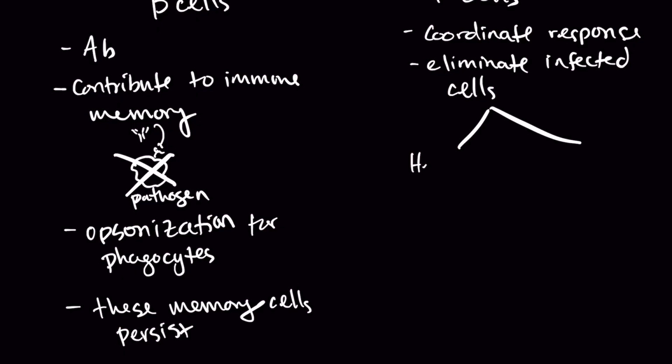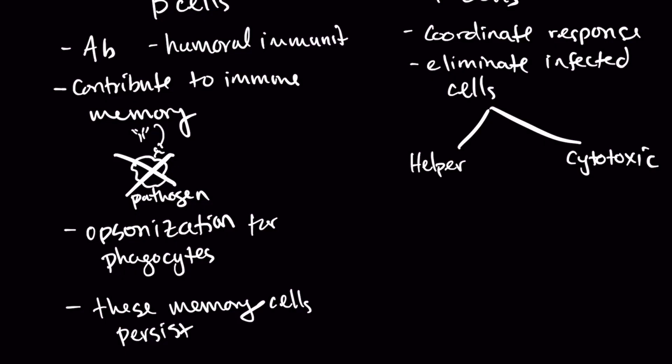We'll start with helper T cells here on the left, and cytotoxic on the right. These are cell-mediated immunity. Over here on this side, our B cells, this is humoral immunity. This is what flows around in our plasma, and I can do another talk about plasma and humoral immunity. And here on this side, this is cell-mediated.